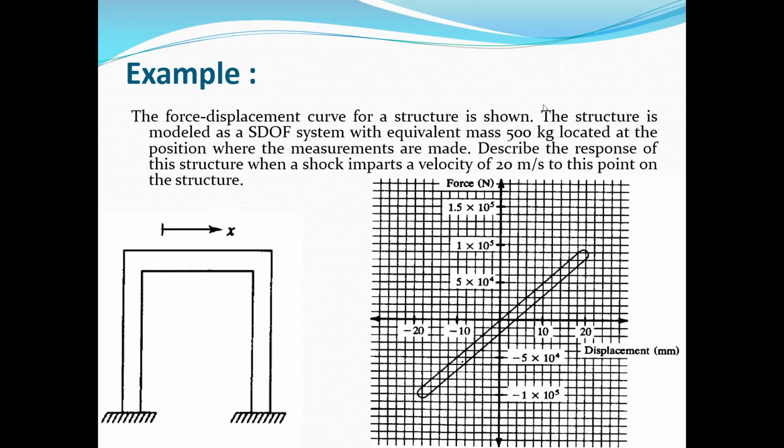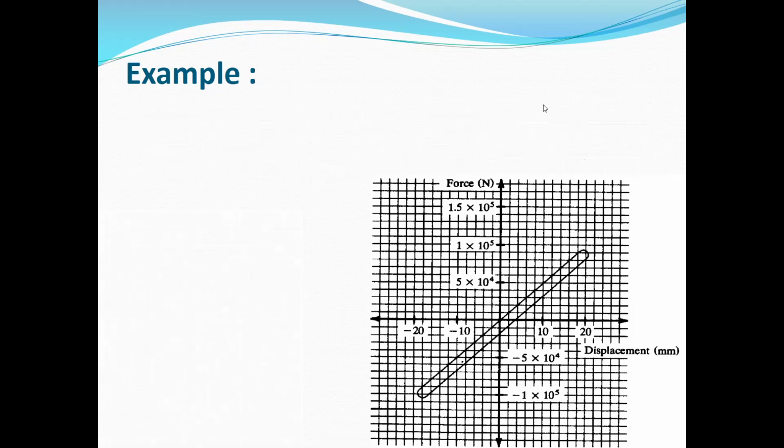As I told you, we can find the energy dissipated in this structure. If you count the number of squares in this area, it's about 38.5 squares multiplied by the area of each square.